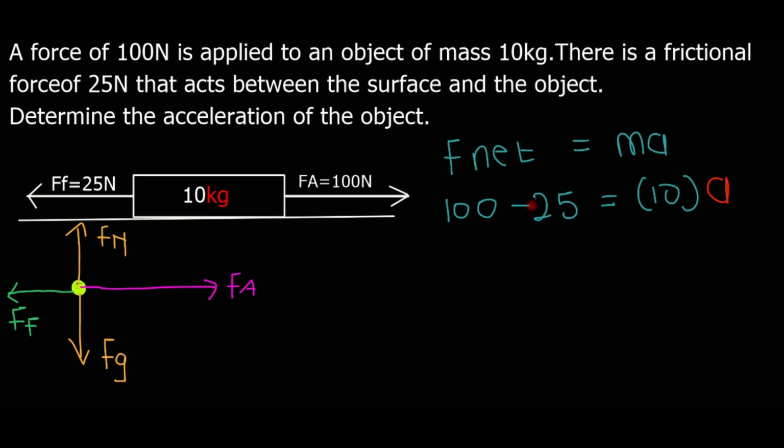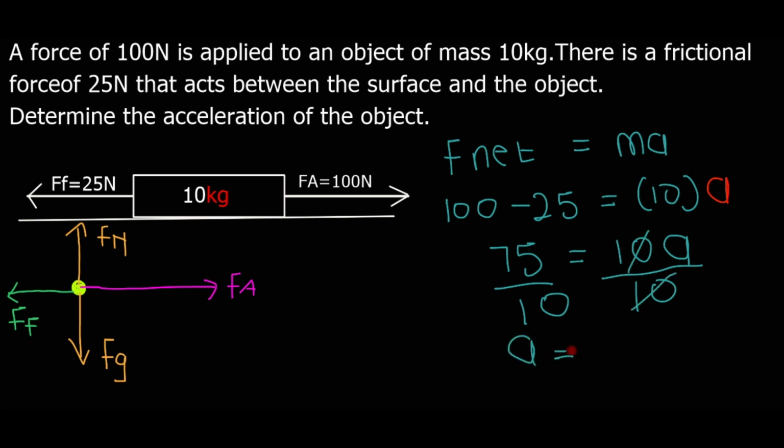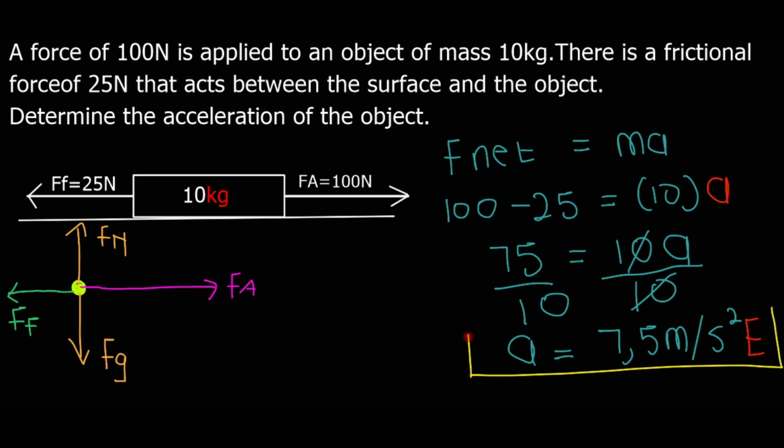From there, 100 minus 25 is 75, and then we divide both sides by 10. So our acceleration will be 75 divided by 10, which is 7.5 meters per second squared. But acceleration is a vector quantity, so it has a direction, east. So this is our answer.